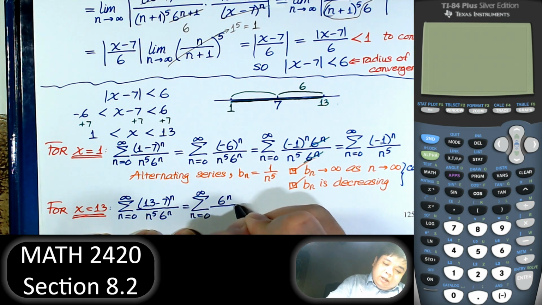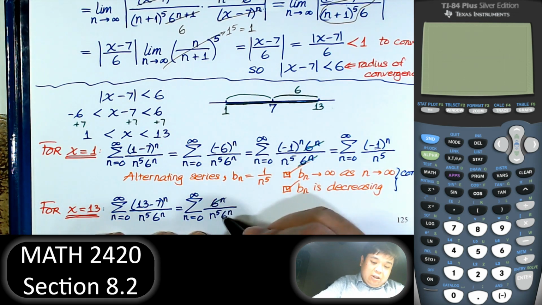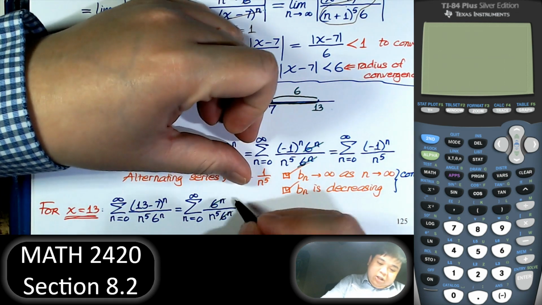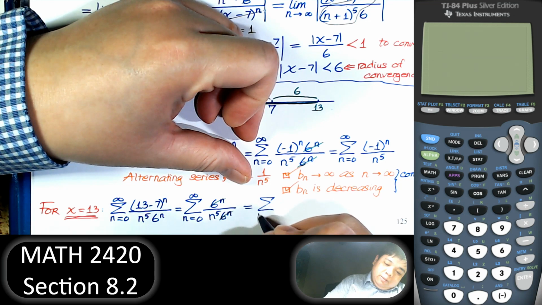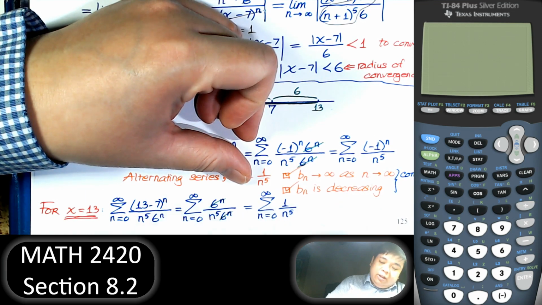The 6 to the n cancel out, and we just have 1 over n to the fifth.